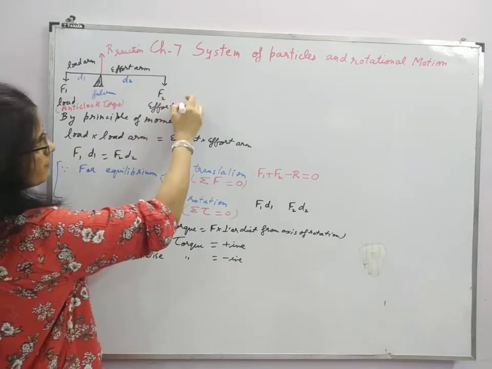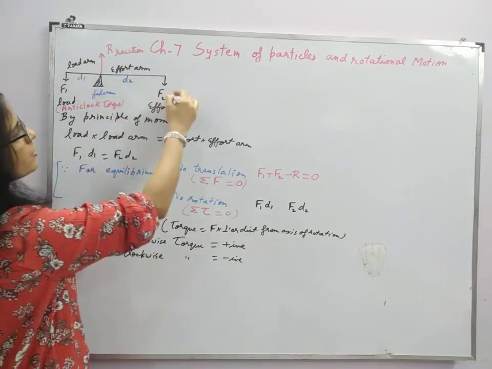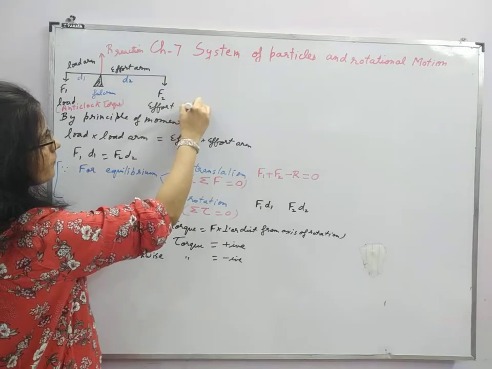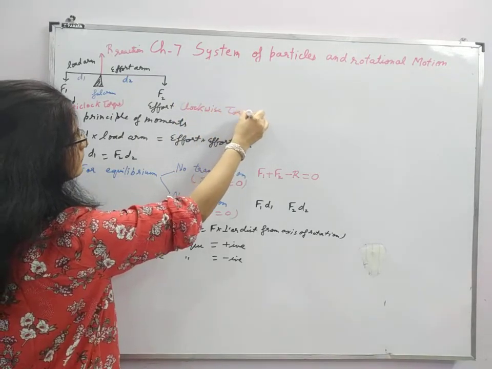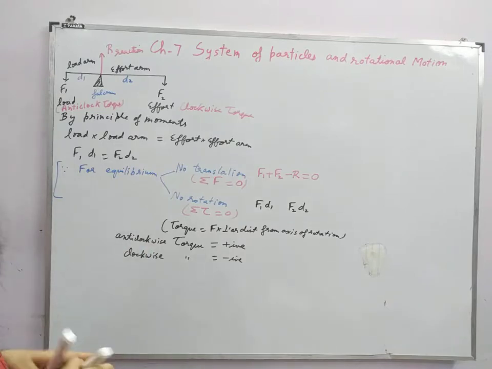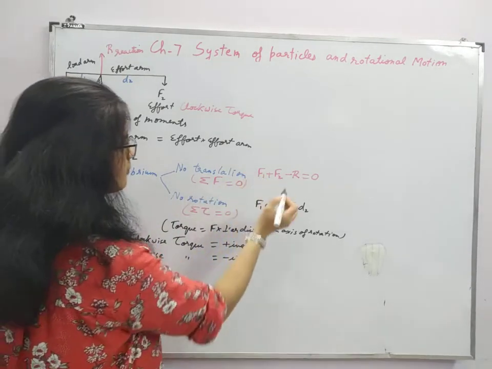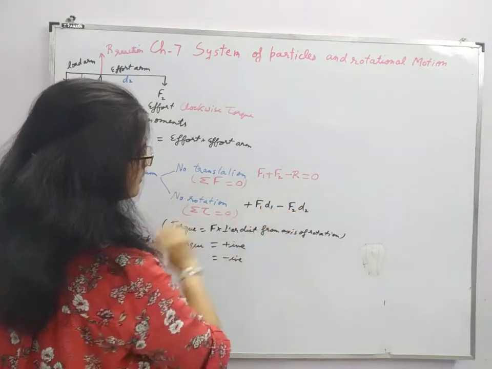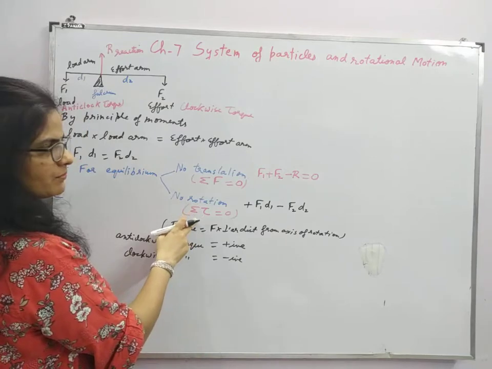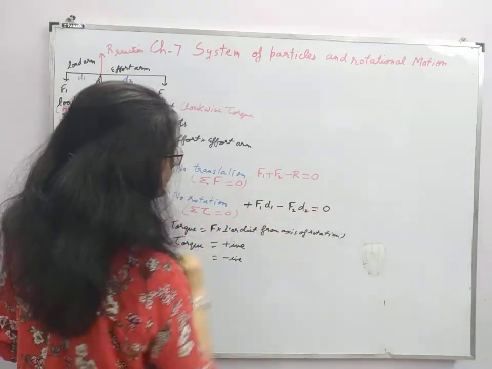And this effort will provide, look at the direction sense here, clockwise torque, right? So we are saying that anti-clock is taken positive, and clockwise we are taking negative, and for equilibrium, that means no rotation, this net torque must be 0.